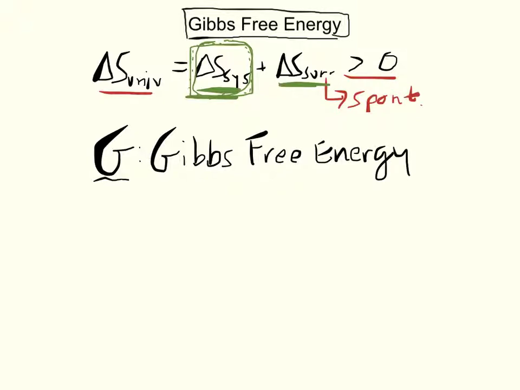So Gibbs free energy, which we abbreviate with a capital G, since it's a capital letter, we know it's a state function, so it depends only on the initial and final states. Gibbs free energy, by definition, is the energy available to do work. Okay? Energy available to do work.